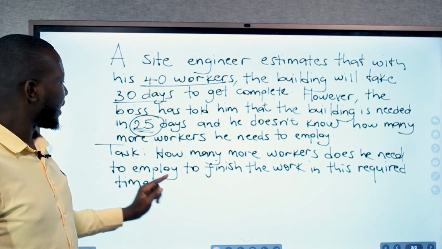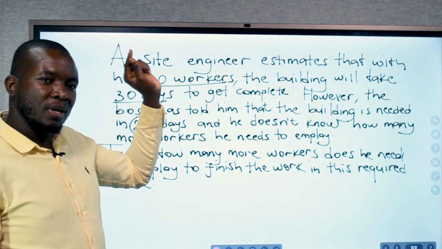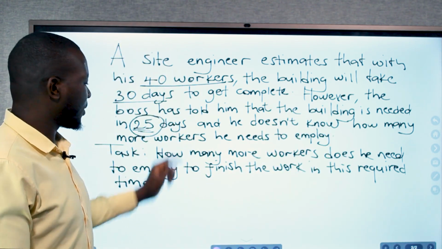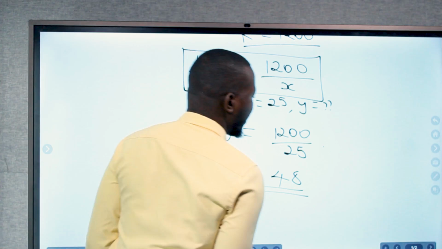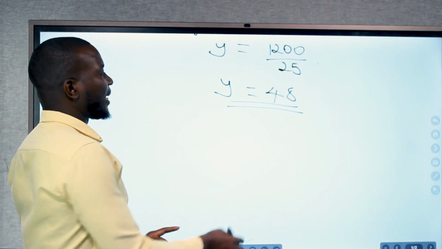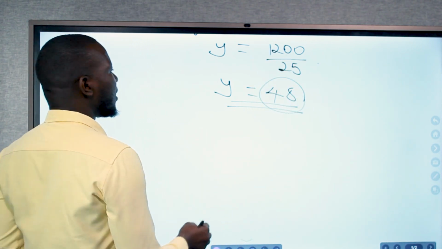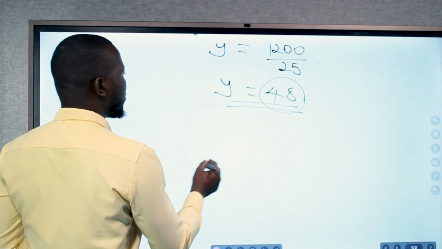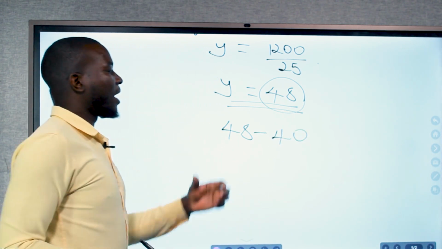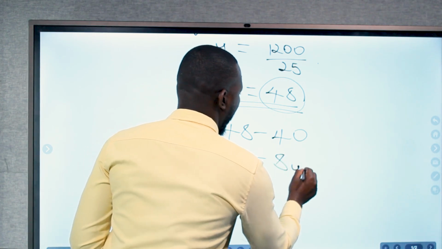For this number of days, you must have 48 workers. So how many is he going to add? You just have to get the difference. He needs 48 to complete the work in the required time, so the more workers he needs to employ will be 48 minus the 40 he already has. So you will get 8.